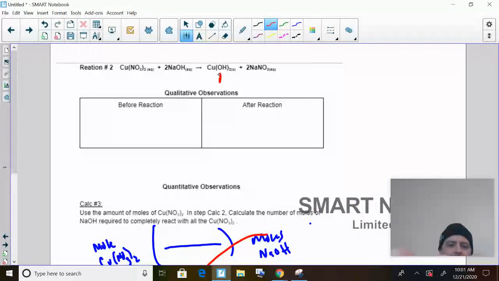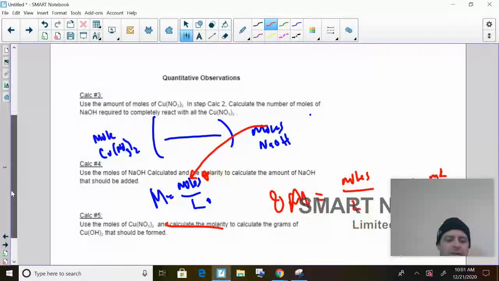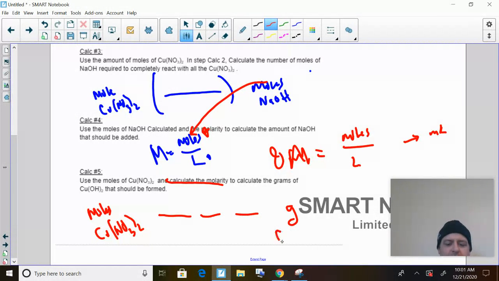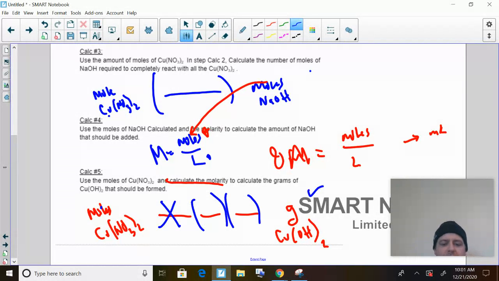We're going to make a solid, and we want to figure out how many grams of that we're going to form. So you take your calc from step 2, the moles of Cu(NO3)2, and I'm going to go to grams of Cu(OH)2. I'm going to skip the first bracket because I'm already in moles. Just like we used this one. So I'm going to do that, and bam, you should have your calculations.